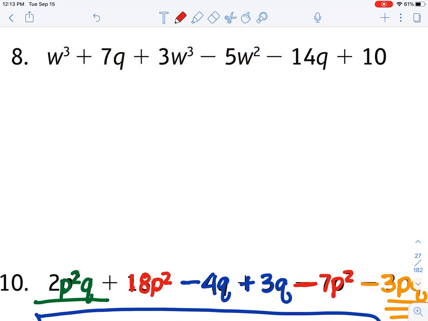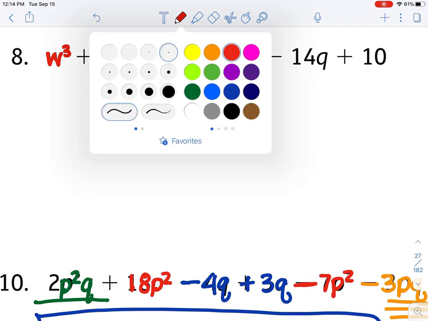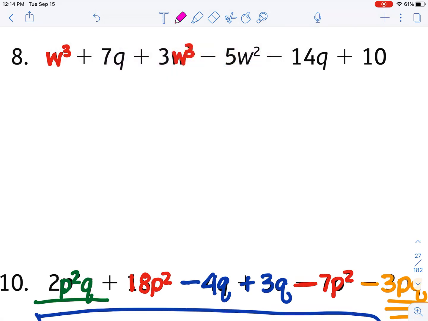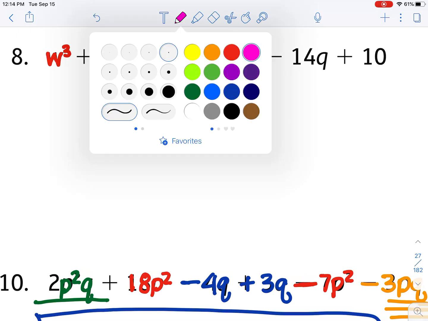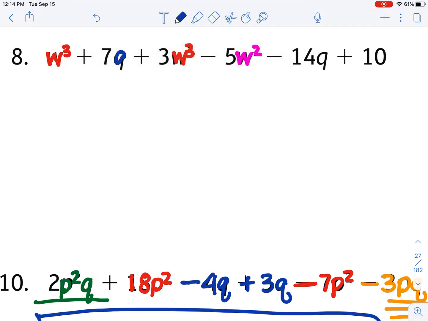So I have w cubed. I have w cubed. Those combine together. I have w squared. Those combine together. I have q's.